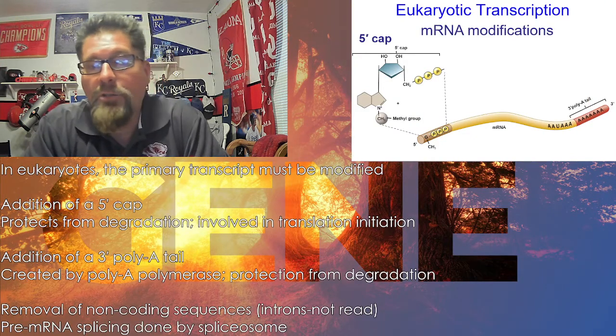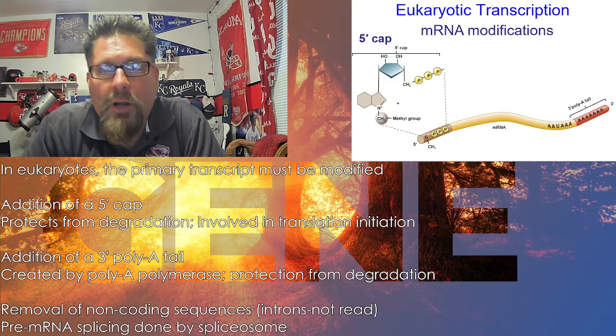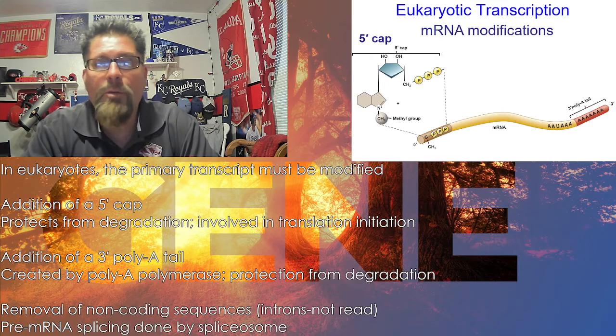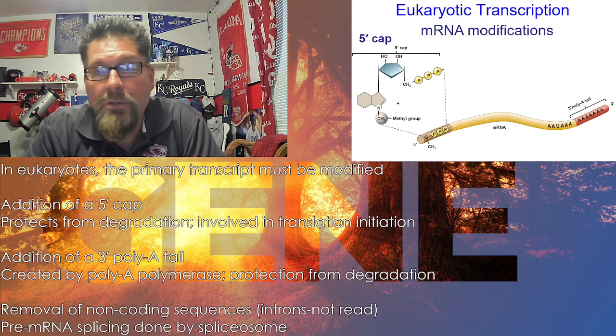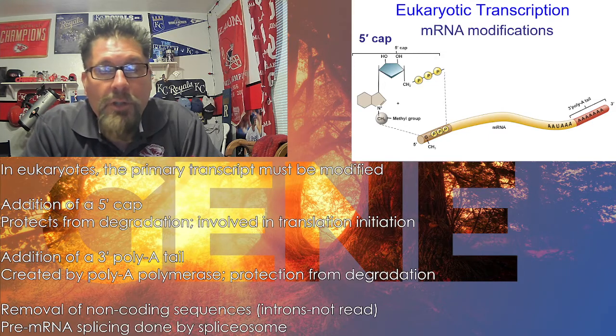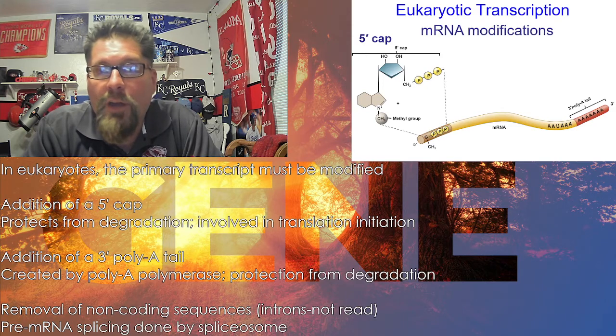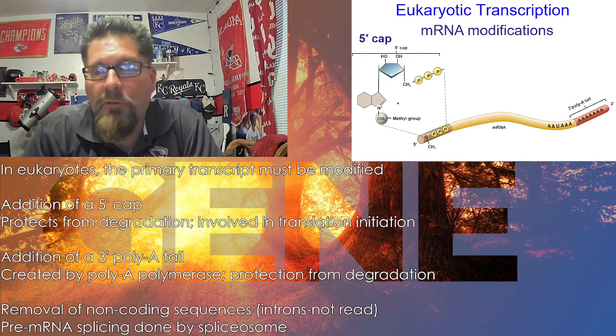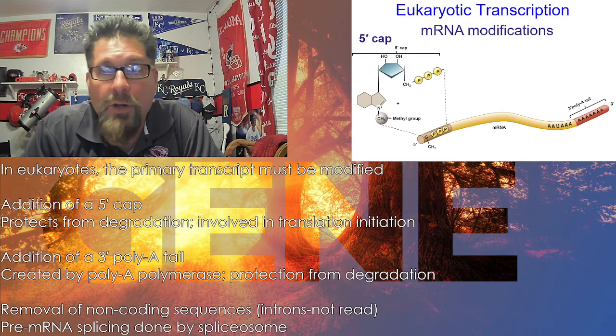Some other things to recognize about that RNA strand. Once it's made, it's got to go through some modifications to make it more similar to the DNA strand. If you'll think back to DNA, when we talked about replication, we talked about being read from the 5' end to the 3' end.